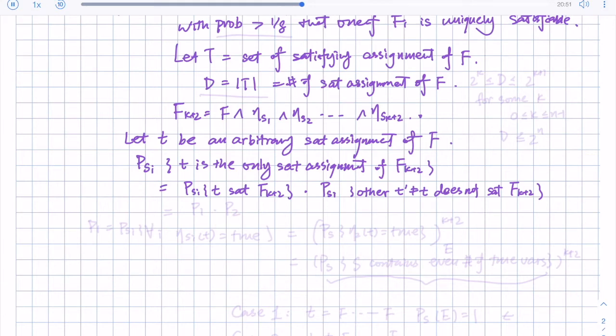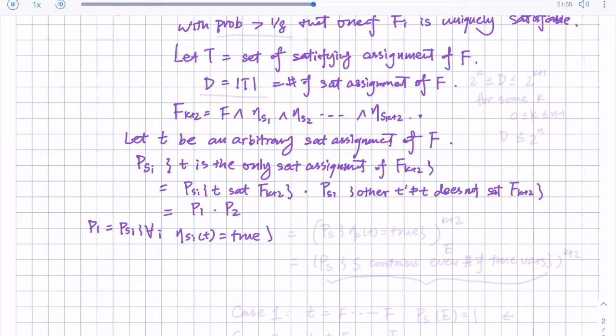And if we refer to the first probability as P1 and the second one as P2, we will look at each probability respectively. So P1 is the probability that for all i, eta Si of T is true. So this is saying if T satisfies Fk plus 2, then all the gadgets that we built need to be satisfied. And because T already satisfied F, we can ignore that.